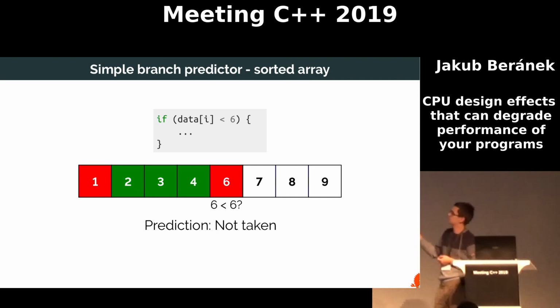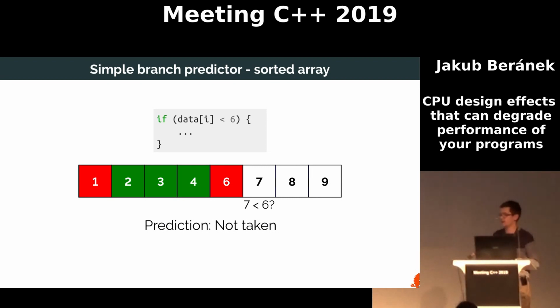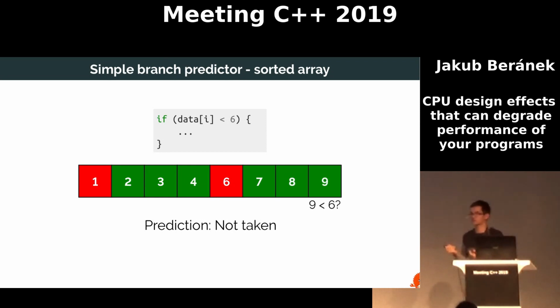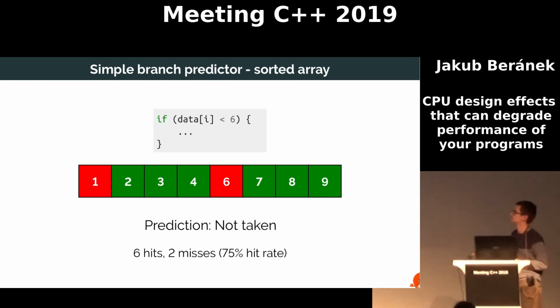But from that point on, it will predict not taken, and up until the end of the array, it will have hits. It will have hits, because the array is sorted, and everything to the right from here will be larger or equal to 6. Right? So by making the data predictable, we have helped the branch predictor avoid the mispredictions. So here we have 6 hits and 2 misses.